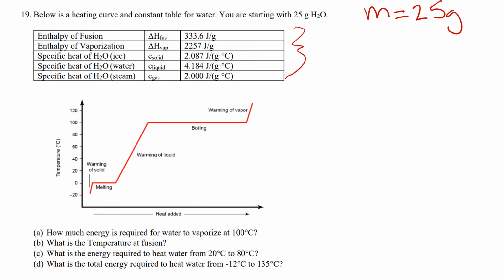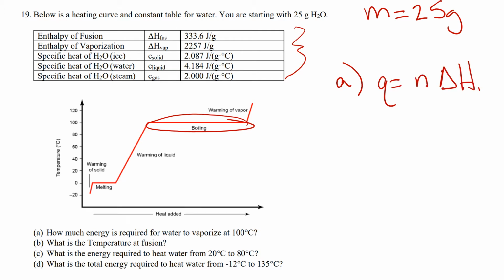Part A, how much energy is required for water to vaporize at 100 degrees Celsius? So essentially we're just looking for how much energy it takes to do that. That's just going to be Q, our energy, is equal to n times delta H of vaporization.